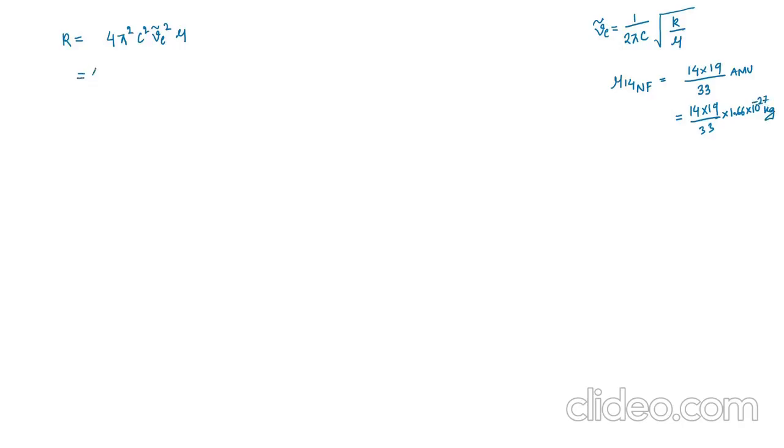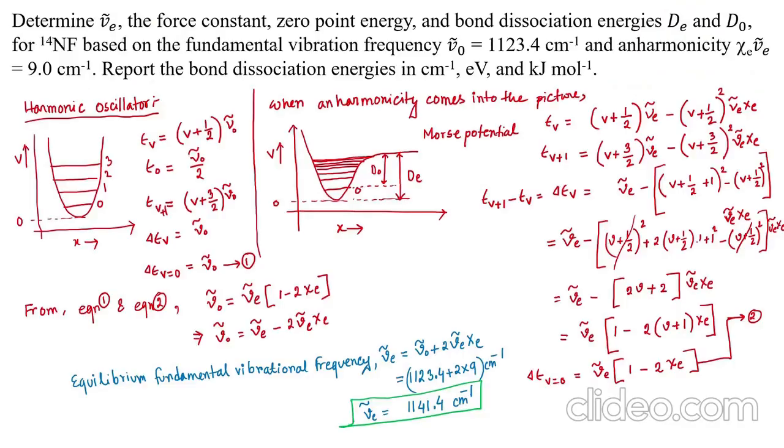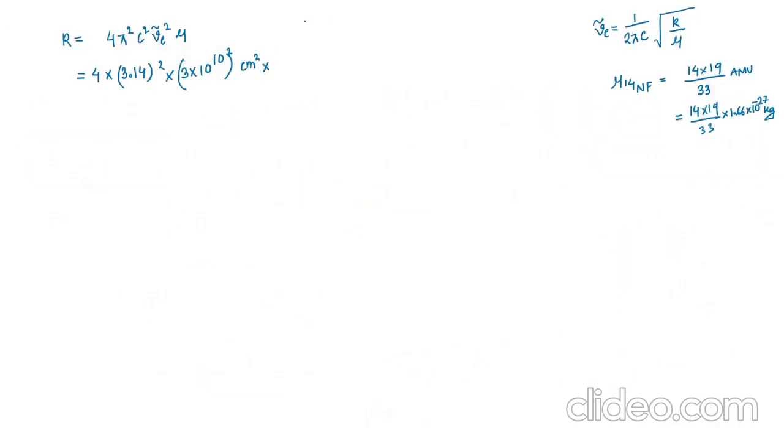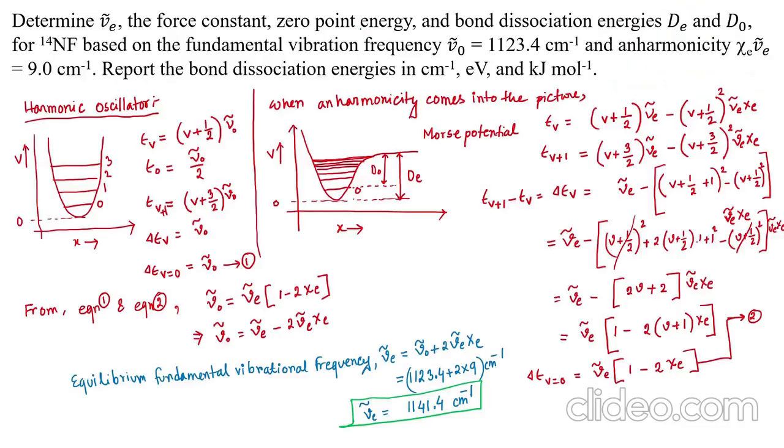So we put the values here, 4 into 3.14 square into 3 into 10 to the power 10 square centimeter square per second square, into what did we get, 1141.4, 1141.4 square centimeter inverse, right?